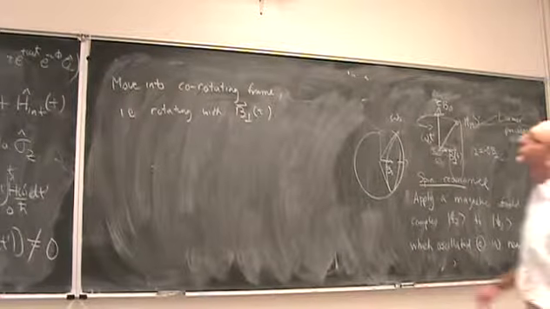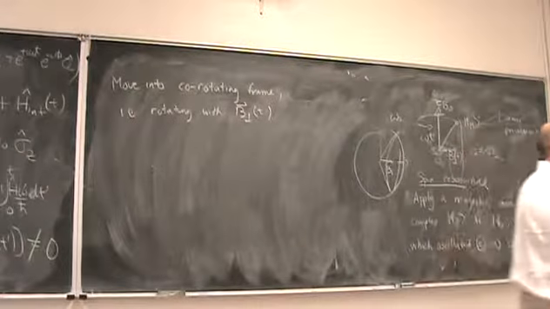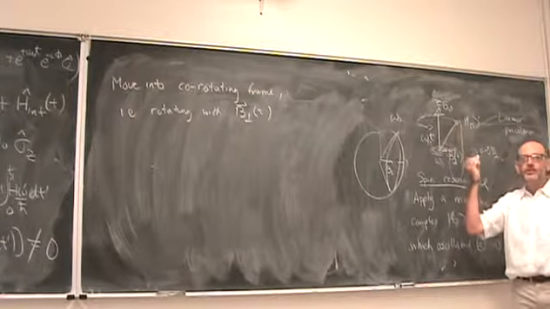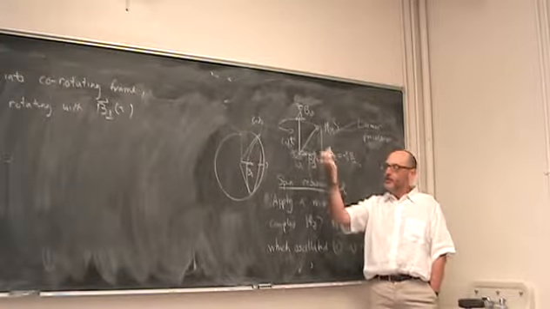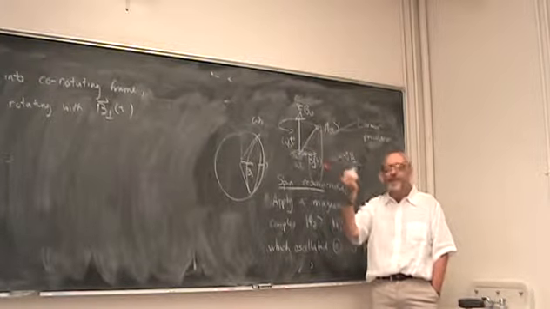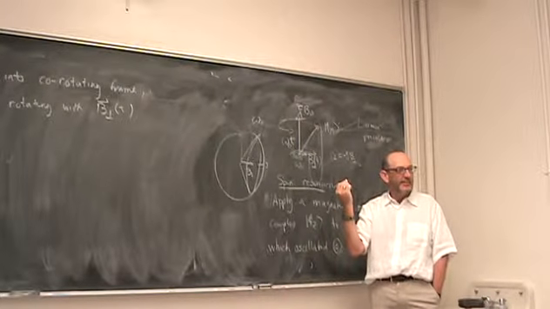So how do we do that in quantum mechanics? Well, moving into a co-rotating frame, or moving to a different reference frame, is equivalent to performing a unitary transformation. In this case, moving into a rotating frame means performing a rotation, rotating the system with the magnetic field.